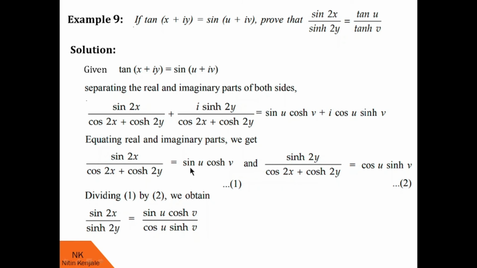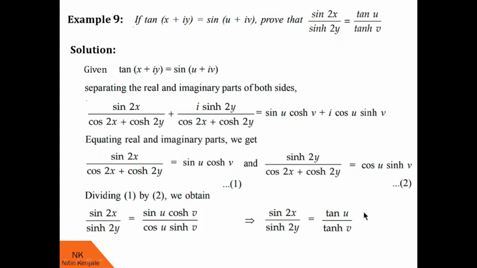On the other side, we will get sin u into cosh v upon cos u into sinh v. But sin u upon cos u is tan u, and cosh v upon sinh v is coth v. Coth v can be written as 1 upon tanh v. So we get sin 2x upon sinh 2y is equal to tan u upon tanh v, as required. I hope guys you understood this solution.